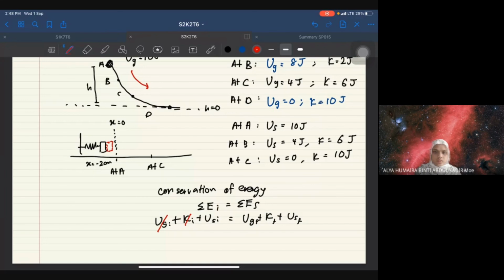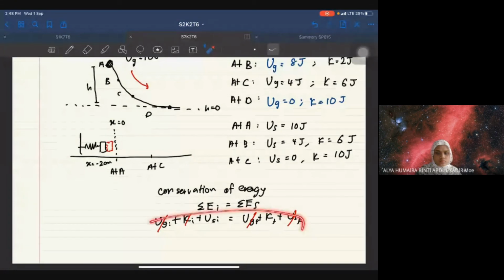So potential of the spring equals to final, where you only have the kinetic, so you can cancel out the others as well. My suggestion is to write everything and then cancel out what is not there. For me, that is better so that you didn't miss anything. But if you are comfortable doing it straight away, U spring equals K, then you should be okay. No problem, no issue.